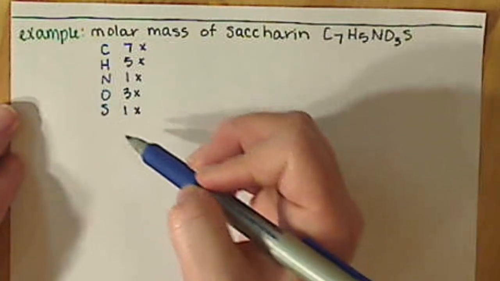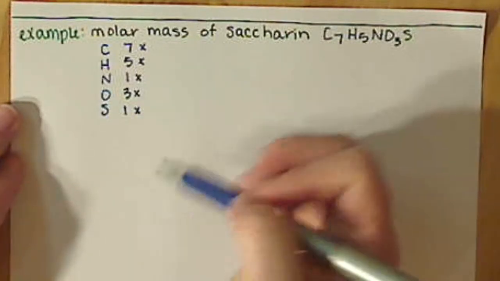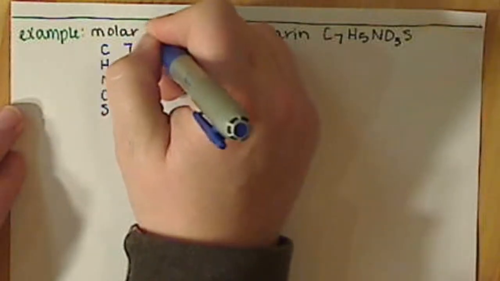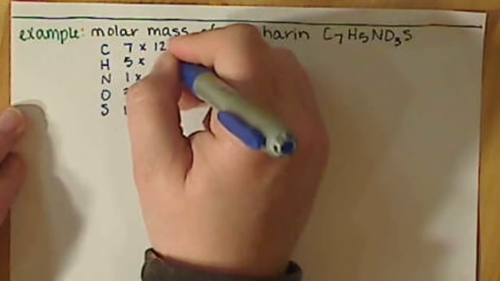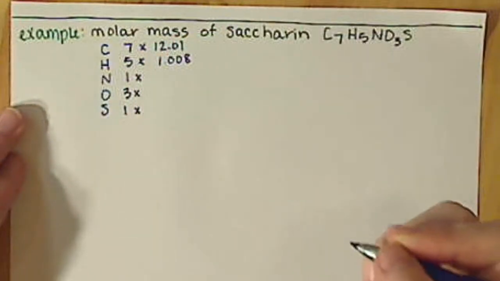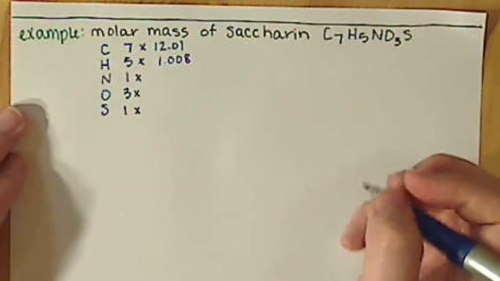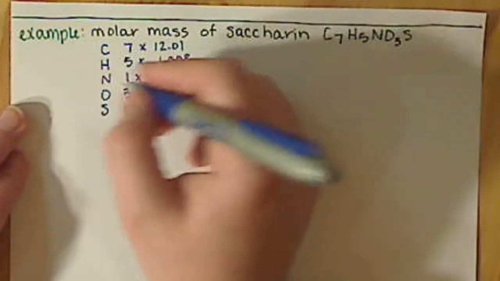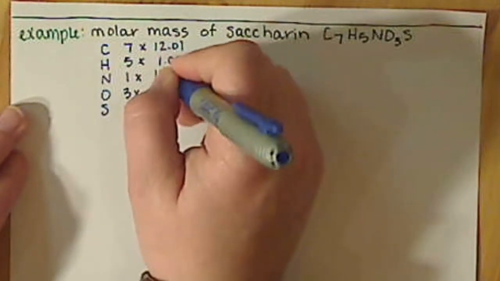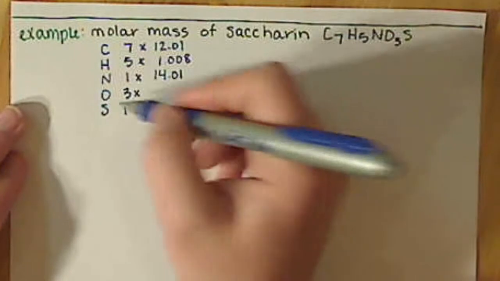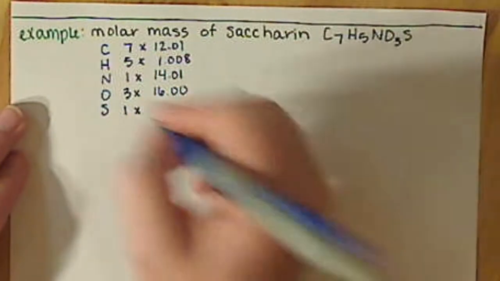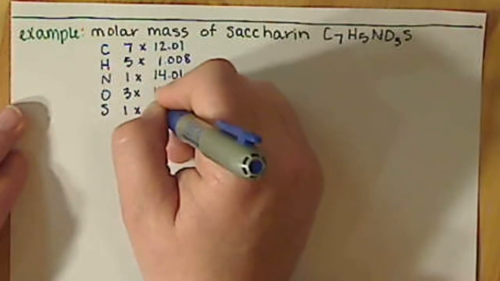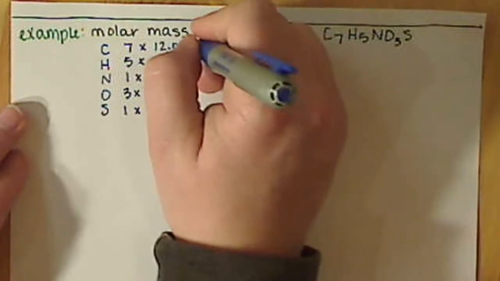And again, you want to look up the molar masses of each of these elements. Okay, carbon is 12.01 grams per mole. Hydrogen, I usually take to be 1.008 grams per mole. Nitrogen is 14.01. Oxygen 16.00. And sulfur is 32.06.